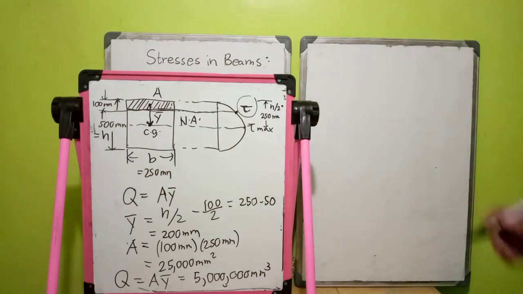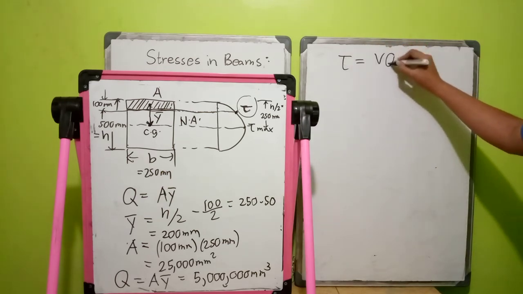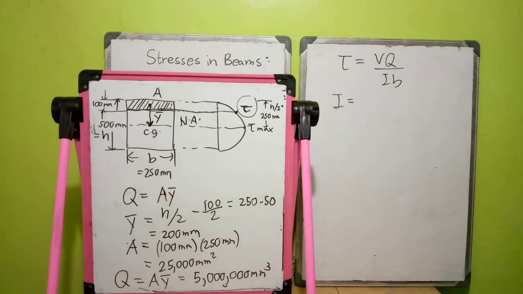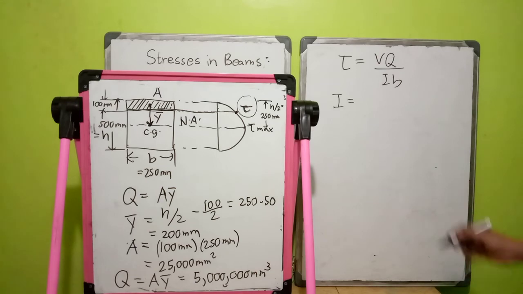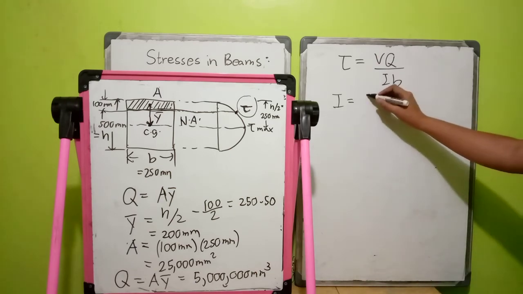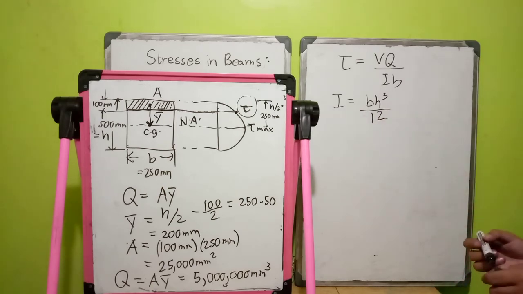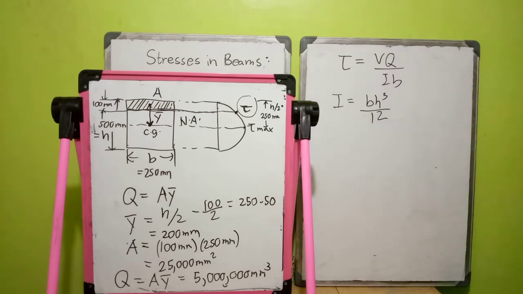After computing Q, we compute the moment of inertia. The moment of inertia for a rectangle is equivalent to b h cubed over 12. Please remember that the moment of inertia we are using in computation of shear stress is the I sub y, not I sub x.